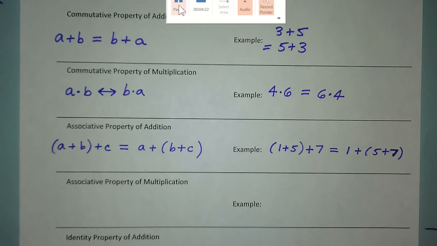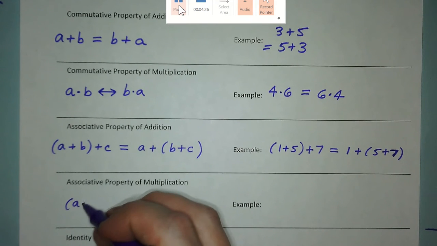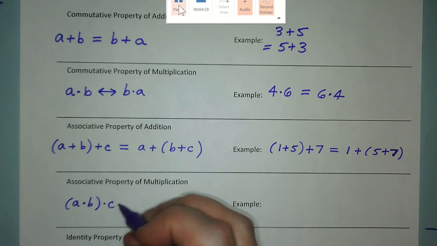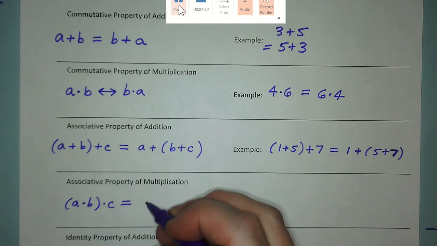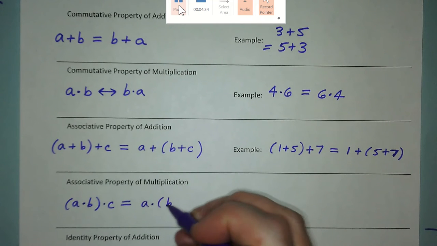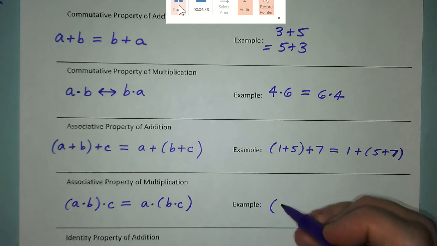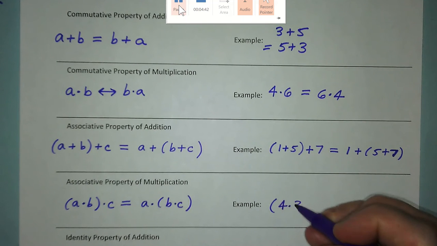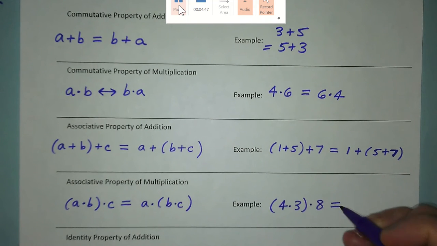Doesn't matter, that's associative, and that also applies to multiplication. When you're multiplying three numbers, it doesn't matter which two you multiply first. So, I don't know, 4 times 3 times 8, let's just say.